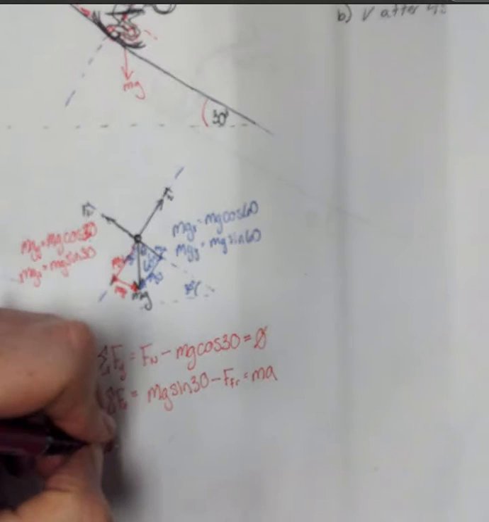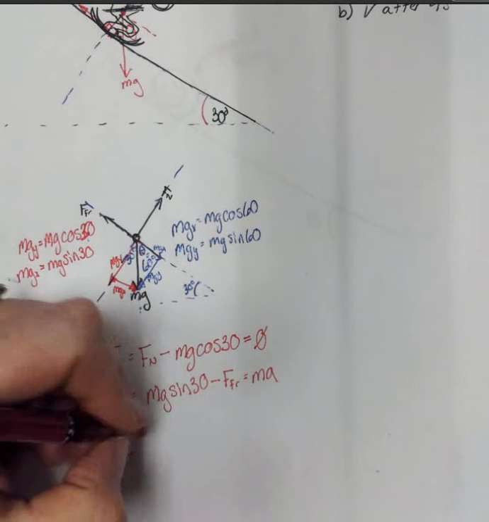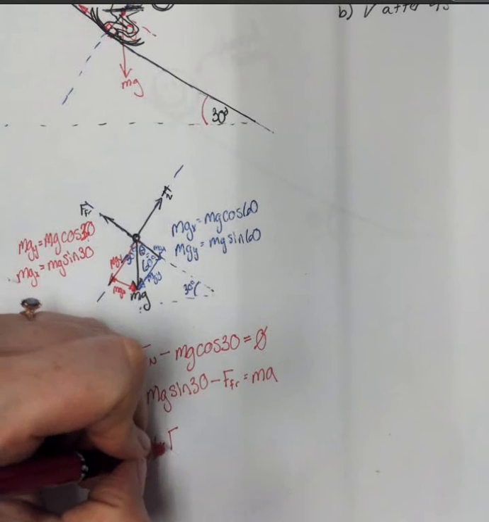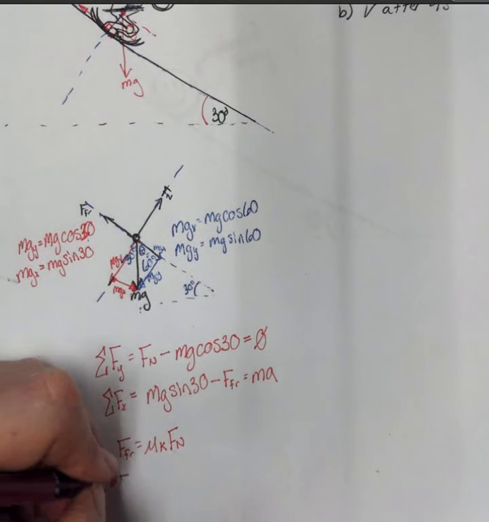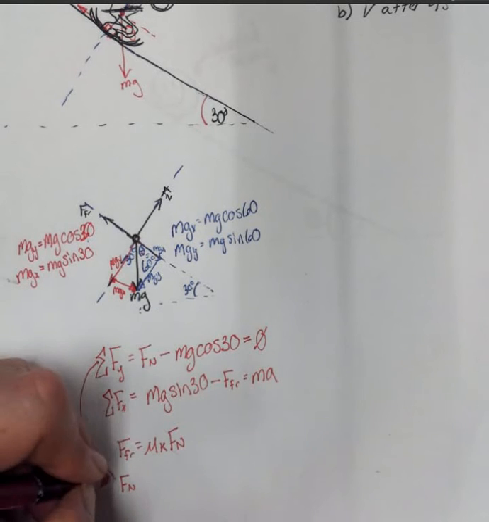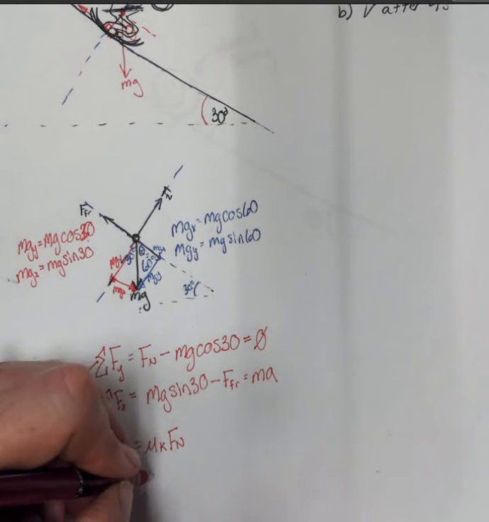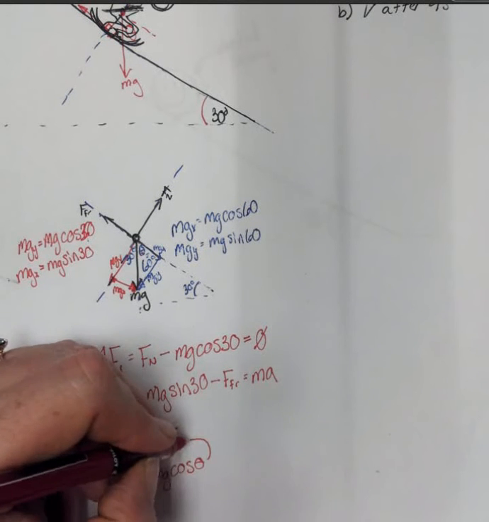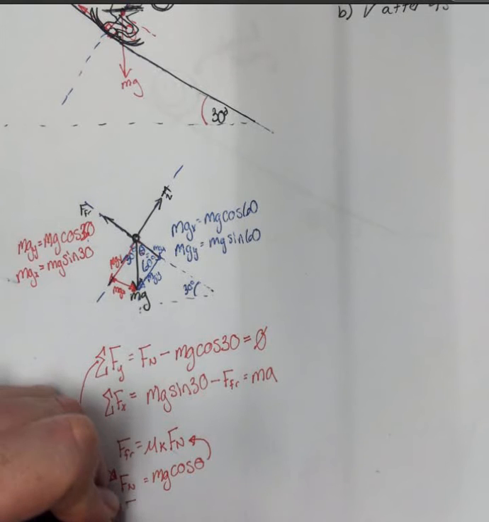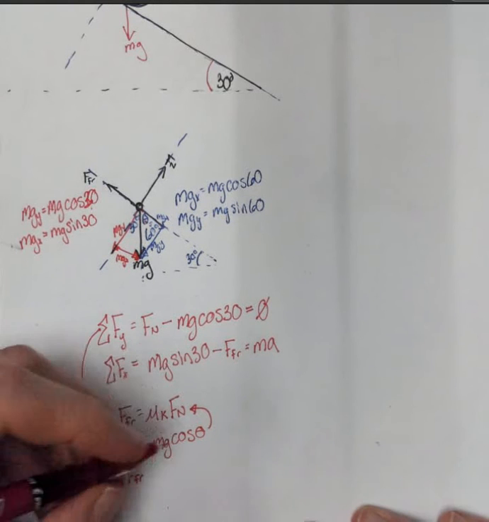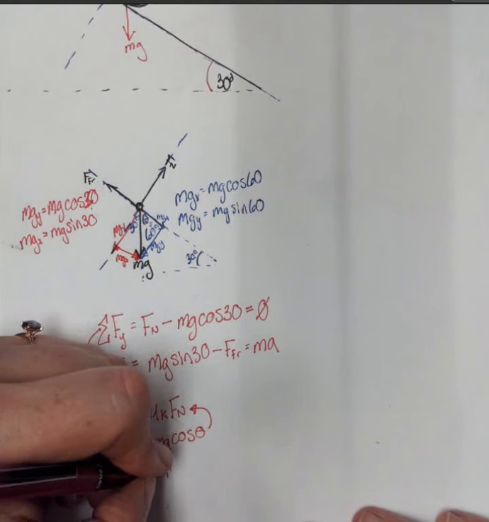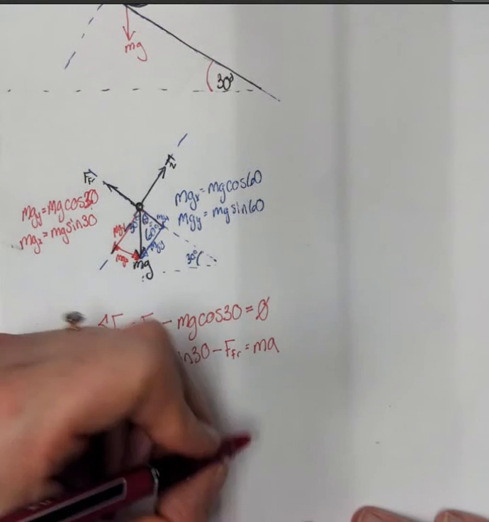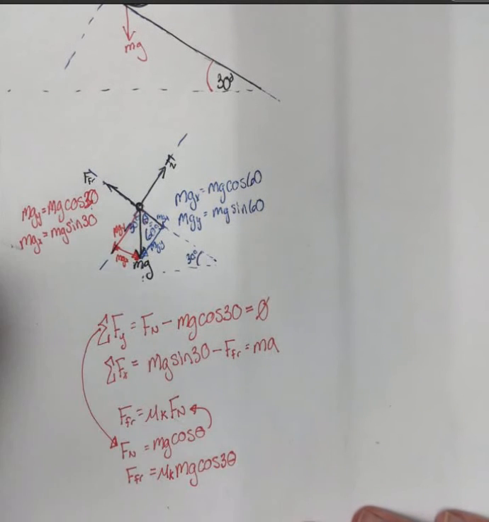First thing that we know is that the force of friction is due to kinetic friction, so that's going to be equal to the coefficient of kinetic friction times the normal force. And we know that the normal force from our y components is going to be equal to mg cosine of theta. So we're going to plug that in, and we're going to say that the force of friction is going to be equal to the coefficient of kinetic friction times mg cosine of 30.